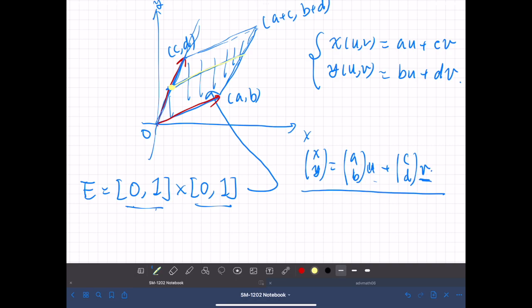When u is 1, it's here. And if you change the value of v, then when v is 0, it's here, and when v is 1, it's here. So as a whole, if we move u and v anywhere between these intervals, then it covers the entire parallelogram here.